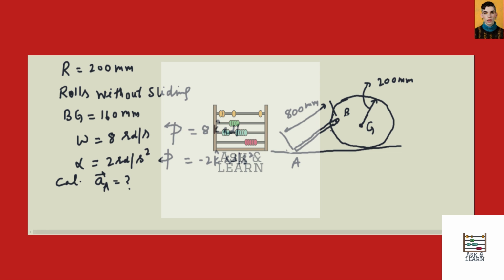Here we are writing the direction vector. This is i cap, this is j cap, and this is k cap. Now, geometrical analysis. We start solving it.